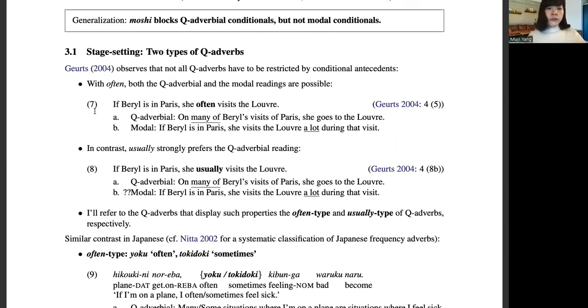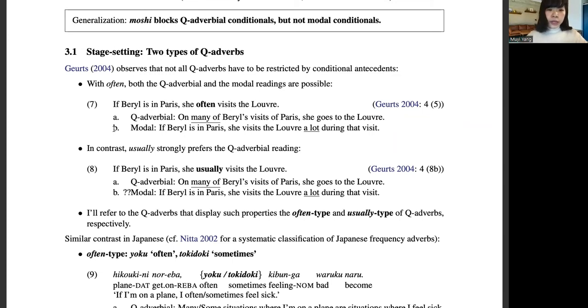Under the Q adverbial reading, the Q adverb often ranges over the situations or the cases of Farrell being in Paris, and the paraphrase of the sentence would be: on many of Farrell's visits of Paris, she goes to the Louvre. So the sentence is describing a co-occurrence relation between being in Paris and visiting the Louvre. We are saying that there's a regularity between the two states of affairs.